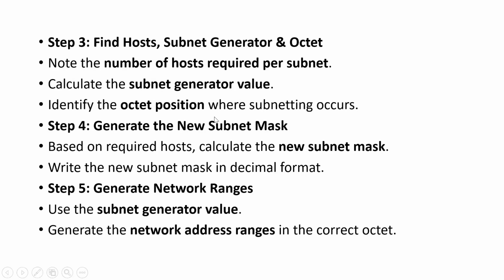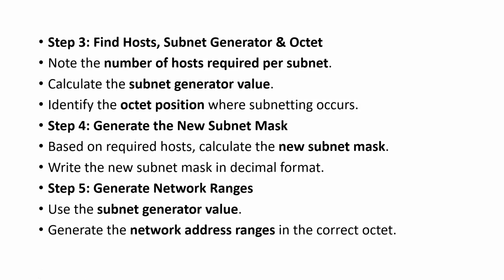Step 3 is to find the number of hosts required per subnet, then the subnet generator and octet position, then calculate the subnet generator value. Step 4 is to generate the new subnet mask. The final step is to generate the network ranges, that is, the network address range in the correct octet.